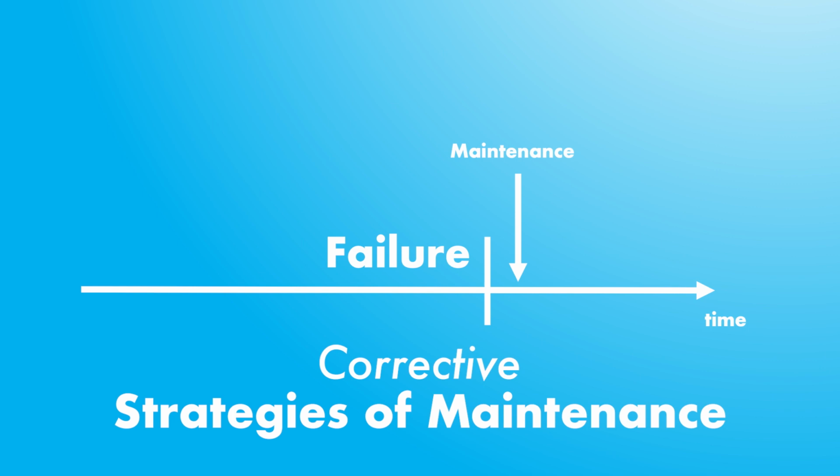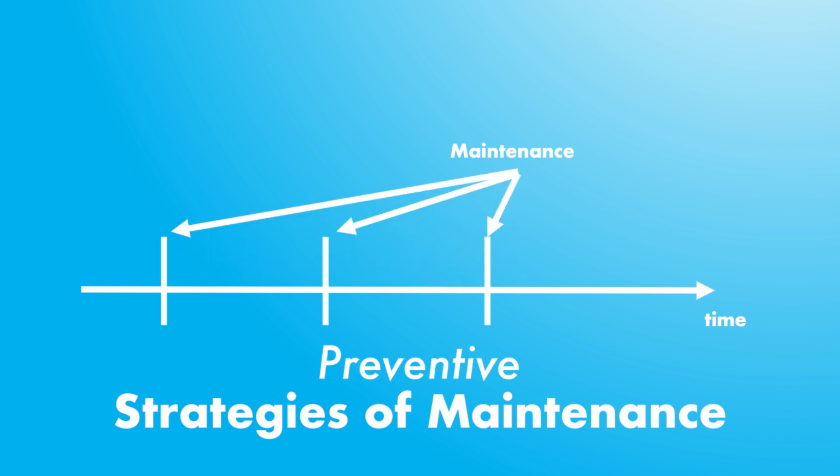Examples are a light bulb or a coffee machine. Preventive maintenance is a strategy that involves setting up a fixed schedule of inspections and tasks. This strategy aligns perfectly with the saying, "An ounce of prevention is worth a pound of cure." The definition of the schedule intervals depends, of course, on the availability of data on failures.